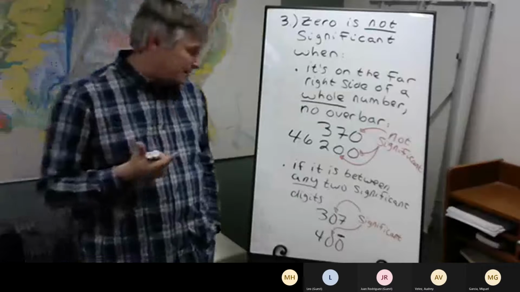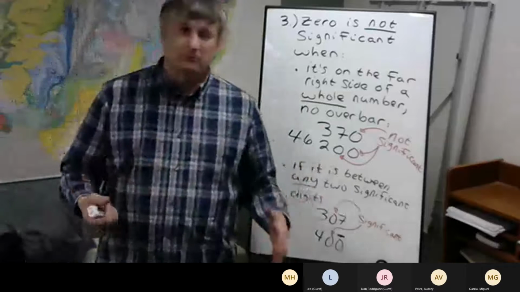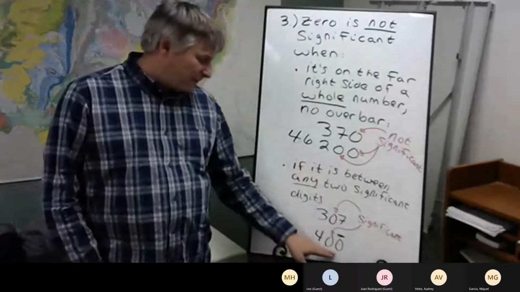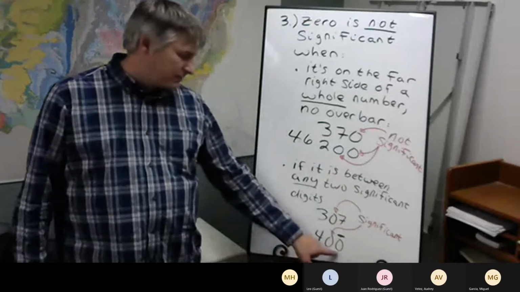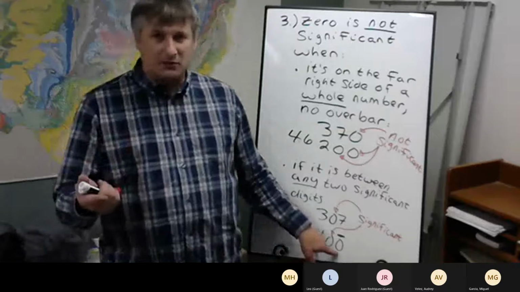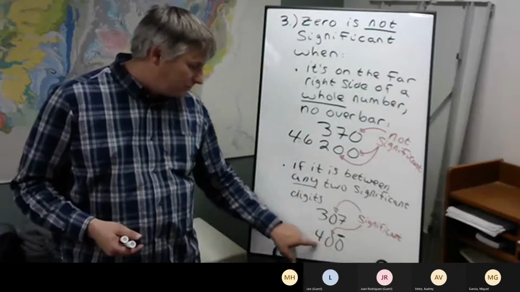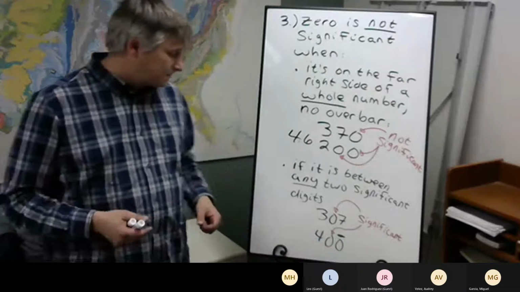So if we think about this, 0 is significant when it's on the far right of a decimal number, okay? But when you have 400 here, these zeros are significant because this one has an overbar, making it significant. But also this 0 here is now between two significant numbers. Remember, non-zero numbers are significant.